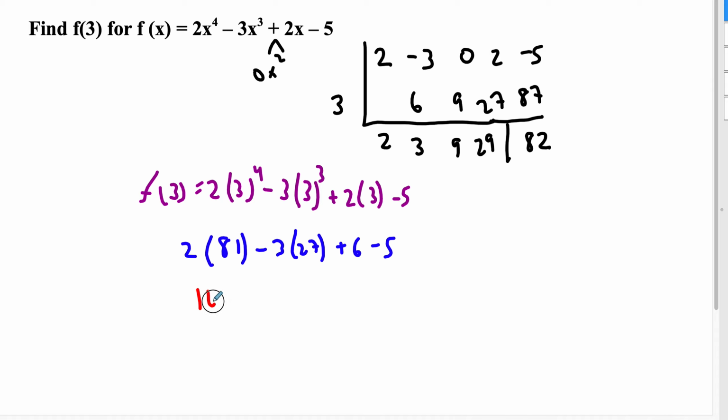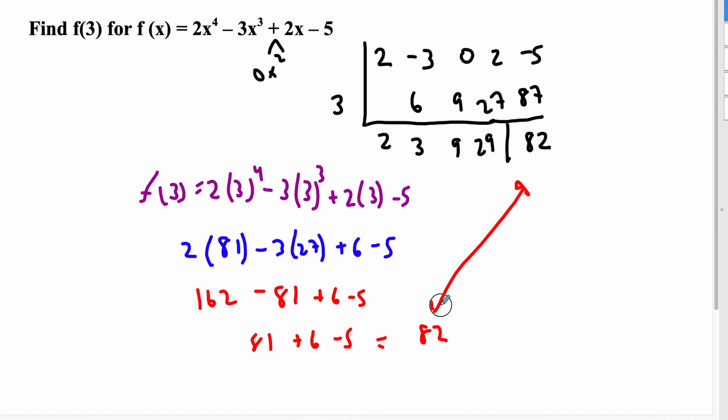So this is 162 minus 3 times 27, and 162 minus 81 is just 81. Plus 6 minus 5. Hey, that's 82. Ding, ding, ding, it works.